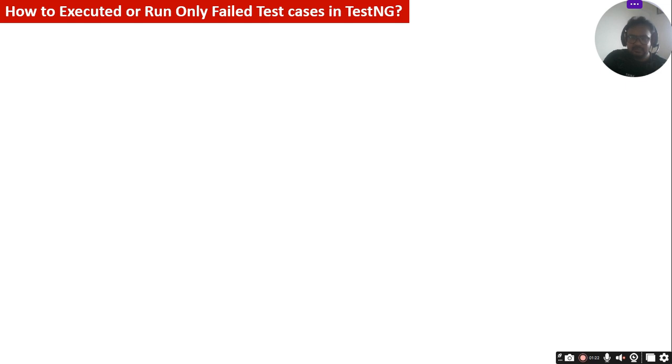Rather than debugging, try to run the failed test cases, and if they fail consistently, that means something is wrong in the application. But sometimes slowness or an unavailable environment can also cause failures, so it's always recommended to run your failed test cases once or twice before jumping into debugging. Okay guys, so let's see how we can achieve this in TestNG.